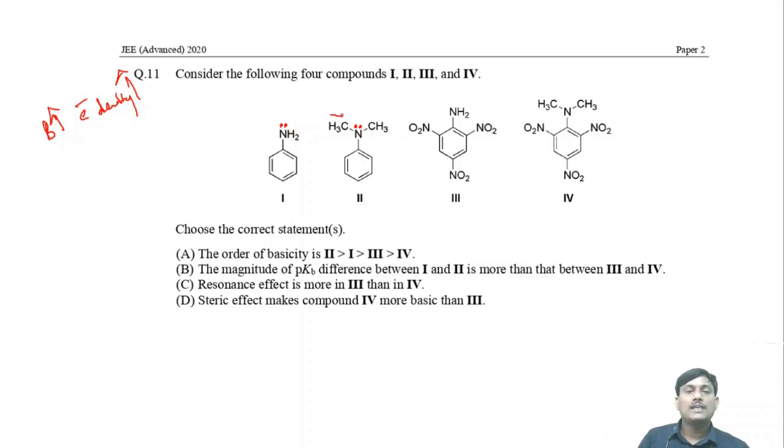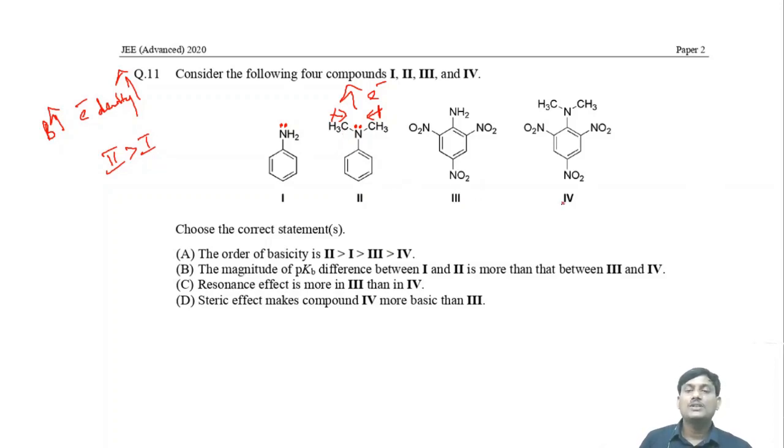Here, methyl groups are electron donating groups, they release electrons to the nitrogen. So there is an increase in electron density. So the basicity of 2 is greater than 1, obviously. Here, a little bit of steric factors are also there. There is a little bit of steric hindrance, but the electronic factors dominate over steric factors here.